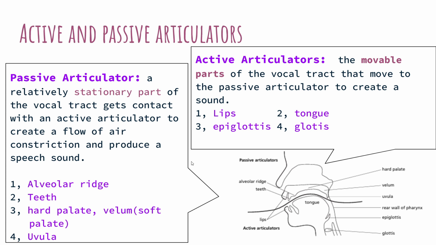Those above this curved line are called passive articulators, and those below this curved line are called active articulators. Alright, that's it.